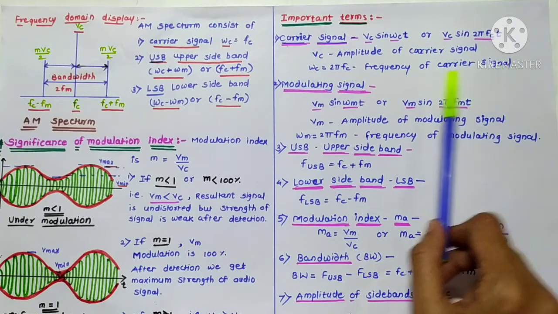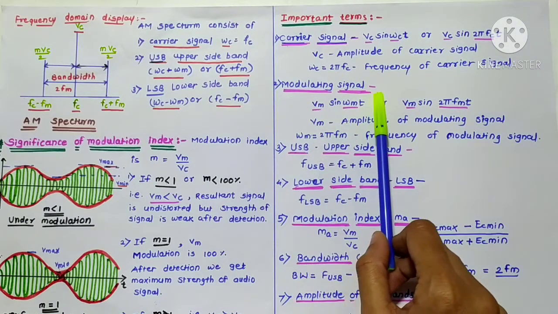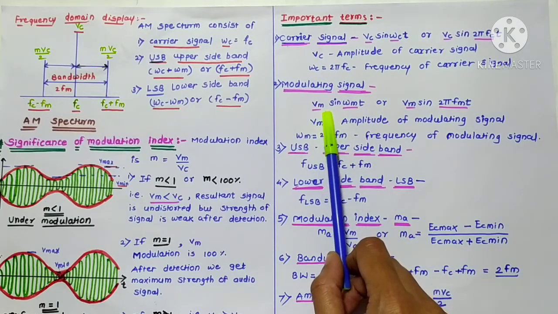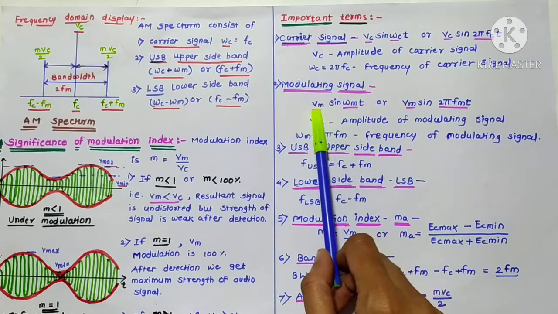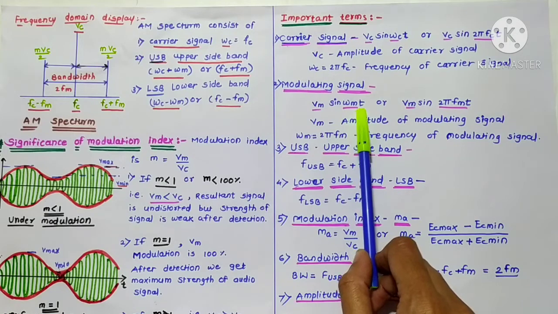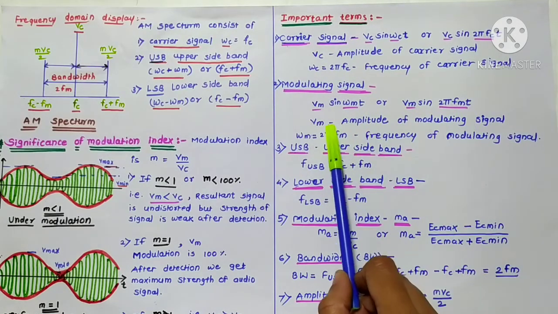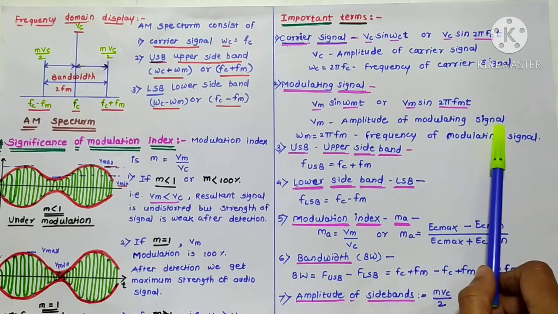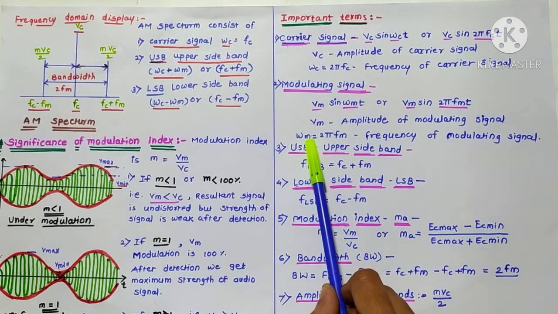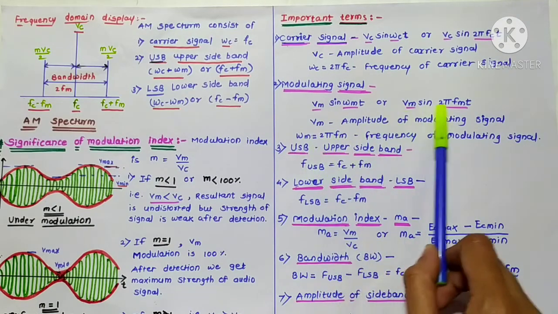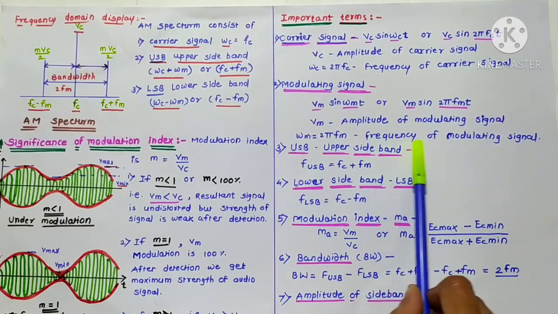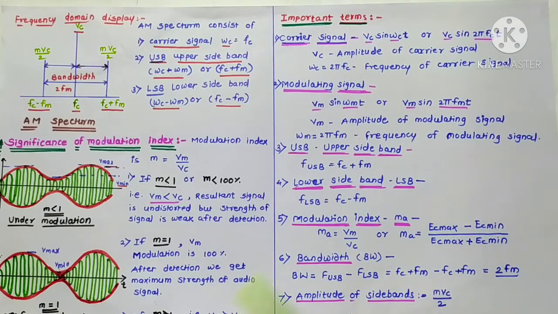Okay students, now in case of the modulating signal, Vm is equal to Vm sin omega m t or Vm sin 2 pi fm t. Here Vm is the amplitude of the modulating signal, while omega m is equal to 2 pi fm. This is the frequency of the modulating signal.